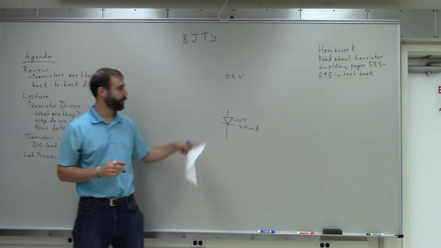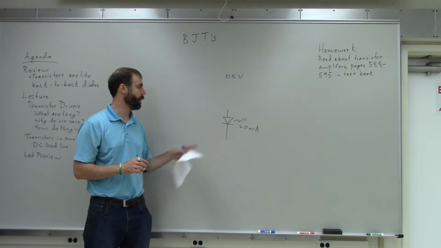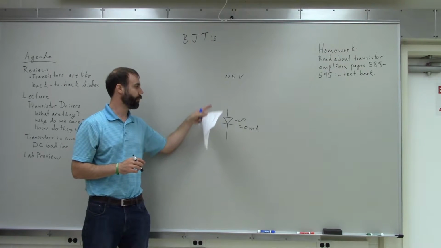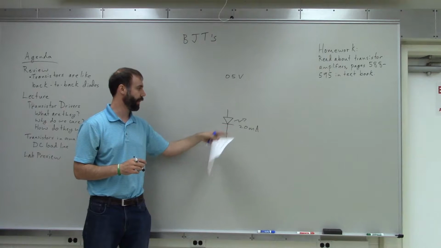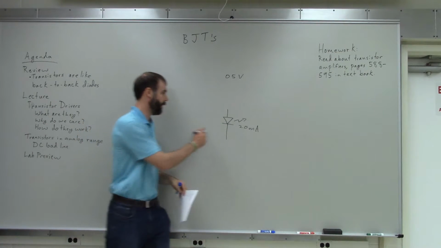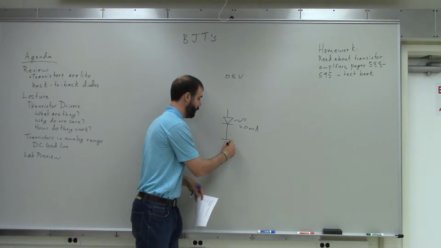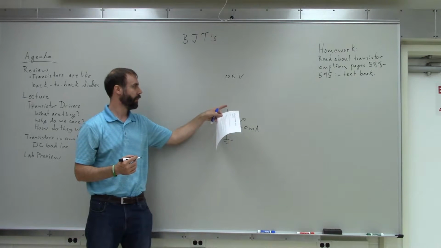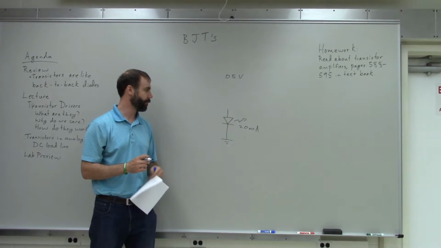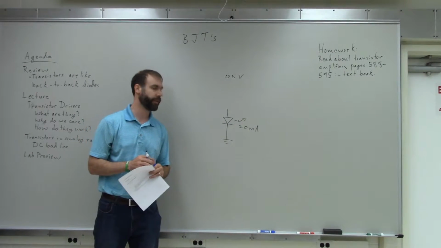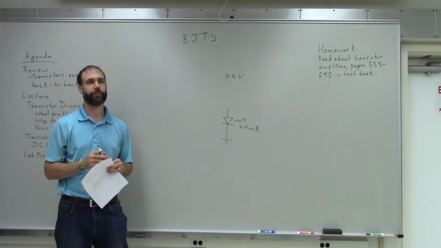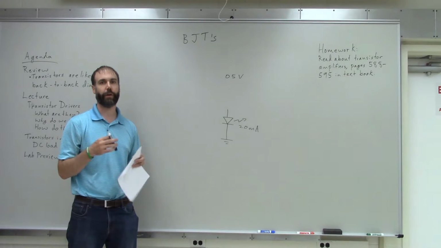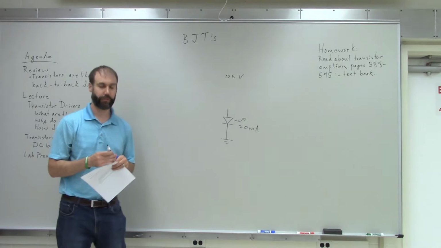The first thing that you would do is you would actually construct a circuit that involved a resistor that allowed you to have 20 milliamps going to that LED. So how could we choose a resistor that would allow us to have 20 milliamps going to this LED? We'd have to do some calculations, right? So let's do that.